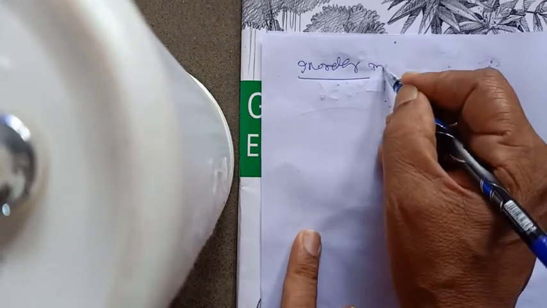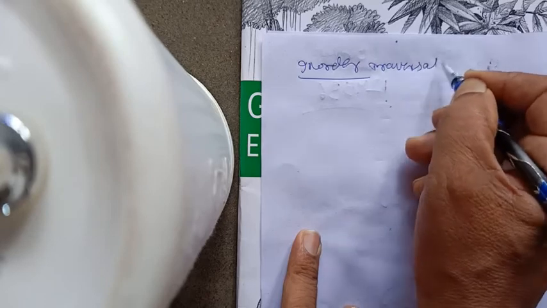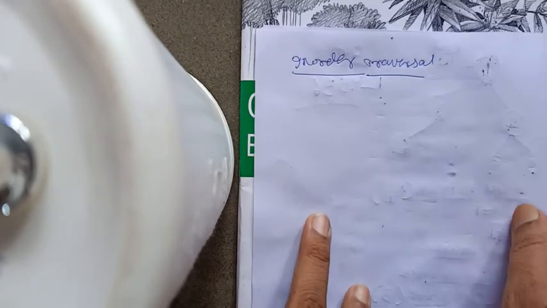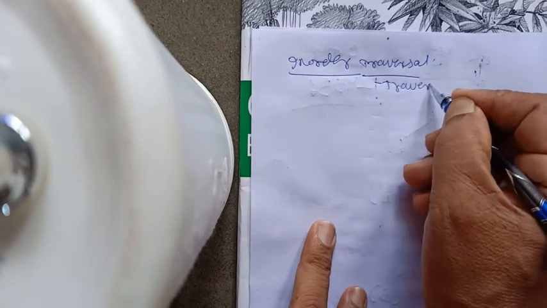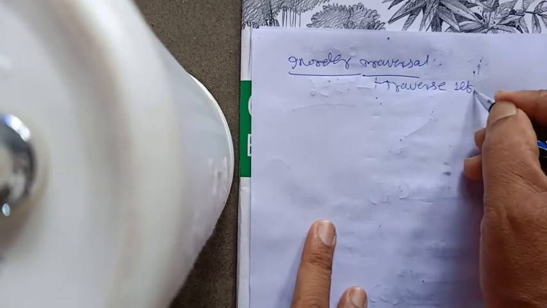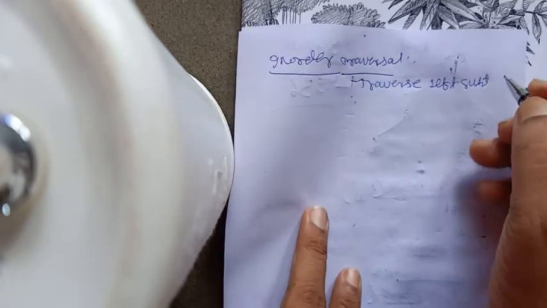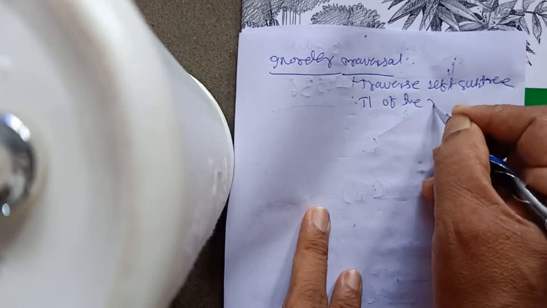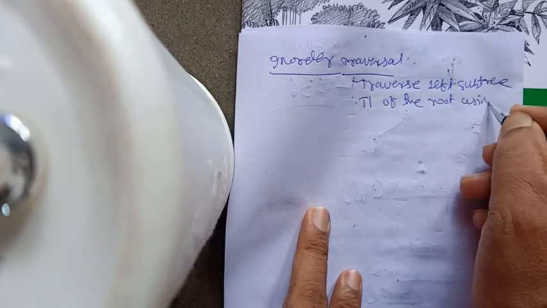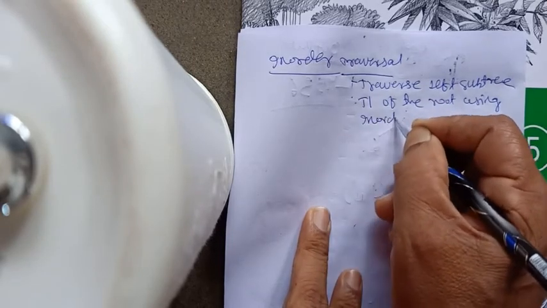traversal. Just mark the differences between in-order and pre-order. In in-order, we know the first step is to traverse the left subtree T1 of the root using in-order. So these are the steps.